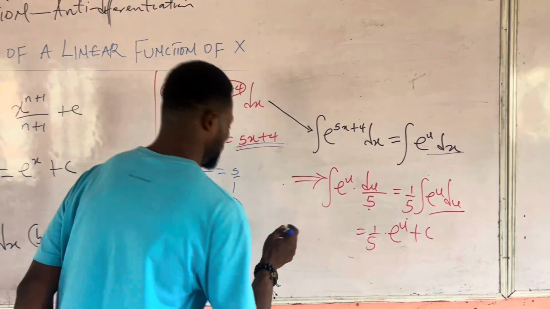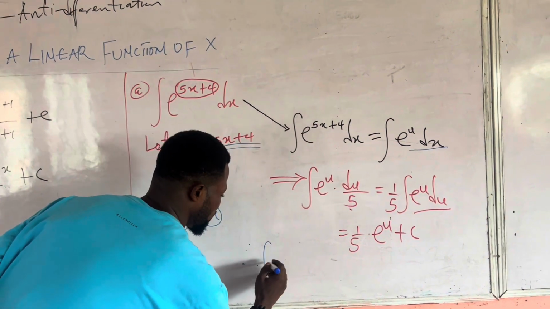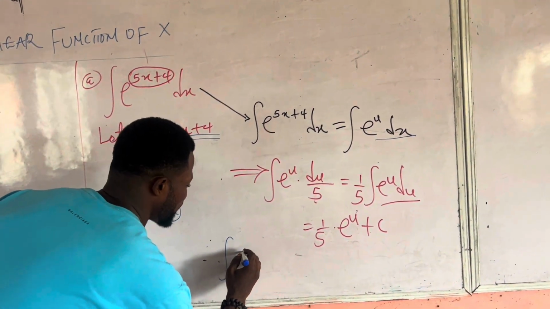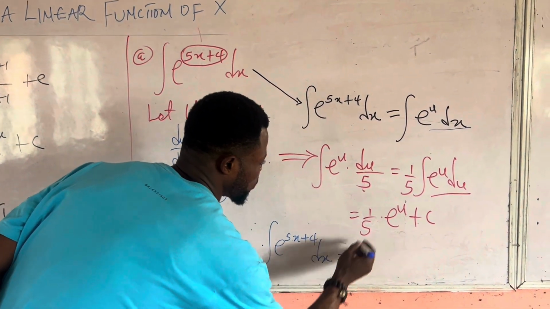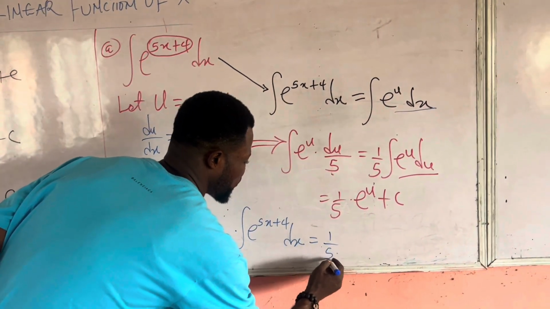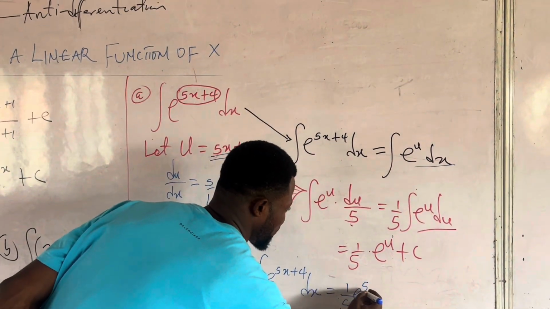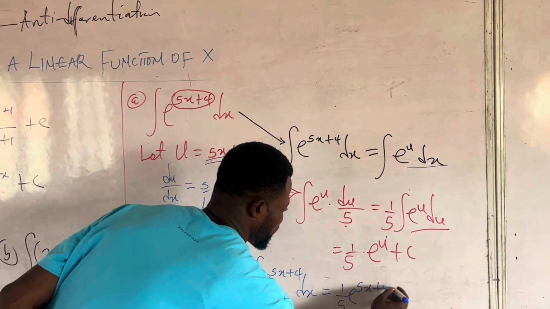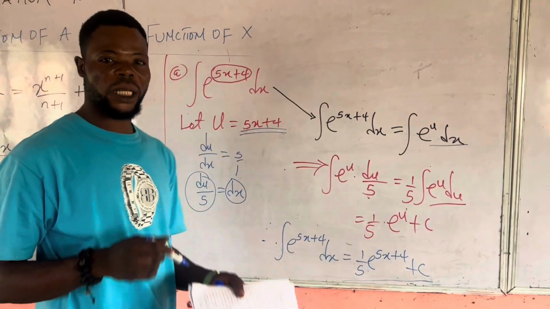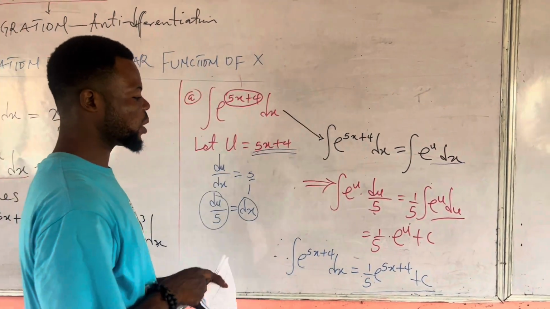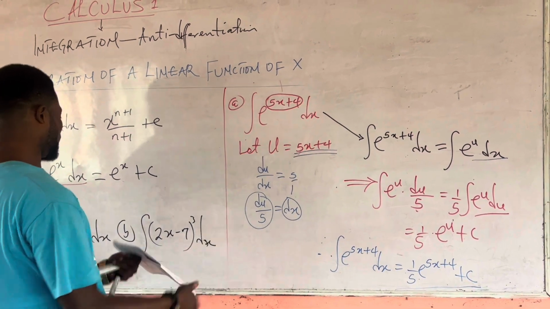We now have the original question, the integral of exponential 5x plus 4 dx, equal to 1/5 exponential 5x plus 4 plus c. Always remember to put c. That c is very, very essential. So that is the answer for that.